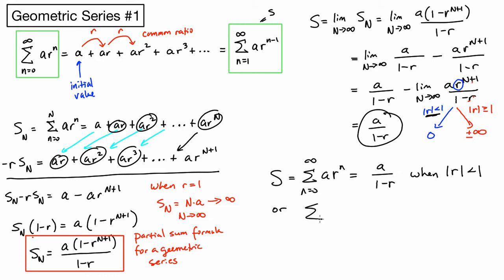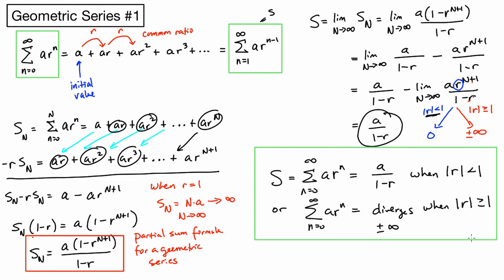Or the sum is equal to, well, it diverges. It's going to be either plus or minus infinity when the absolute value of r is greater than or equal to 1. So these are the two possible cases. This is a very important result, but these are the two possible cases for the geometric series.